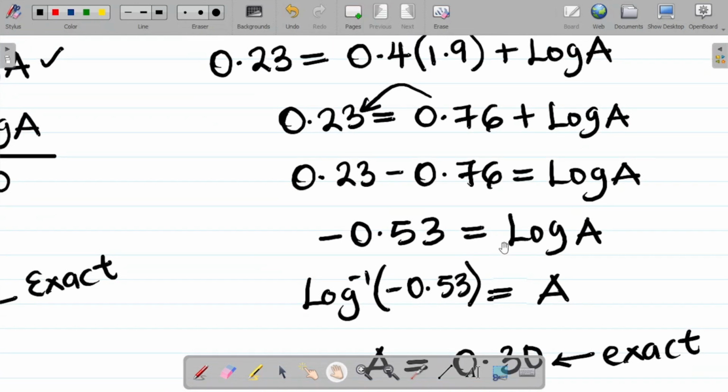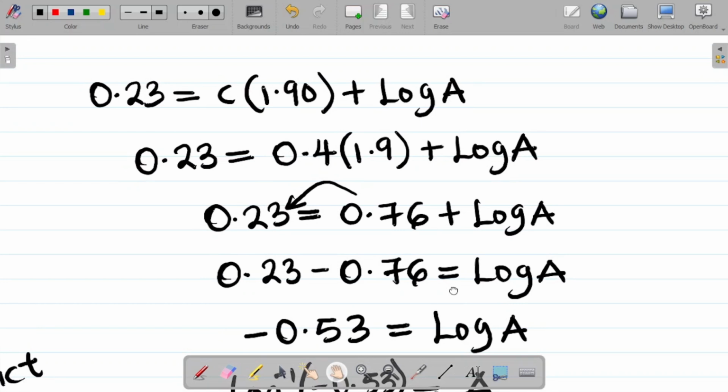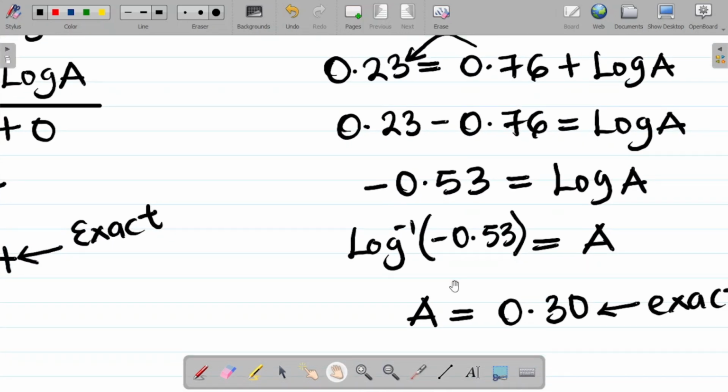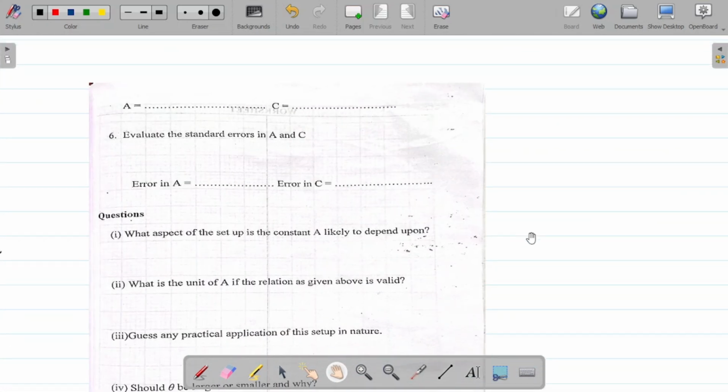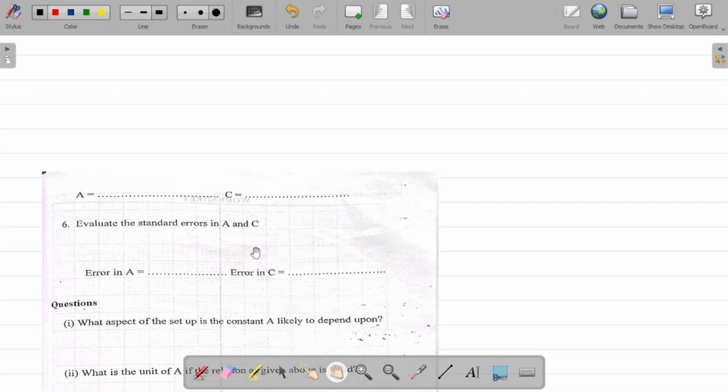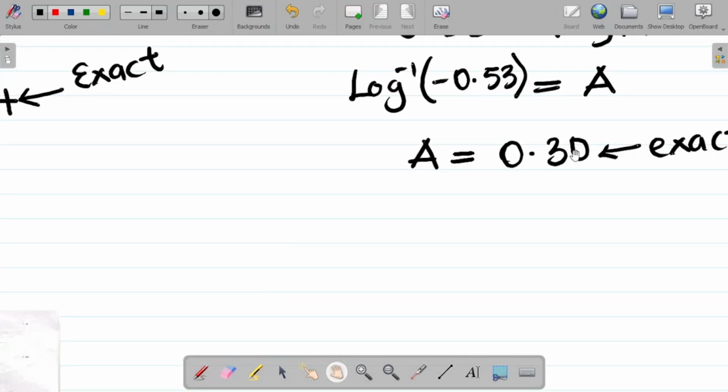So now we have to find the value of A and C. A, from my calculation, as you can see here, is equal to 0.30.